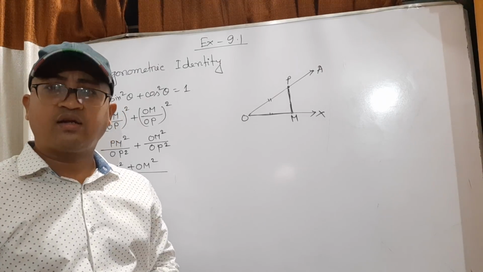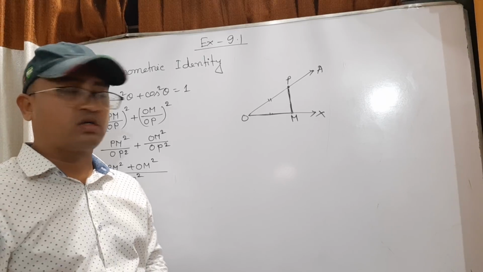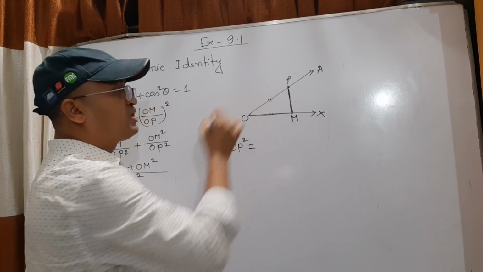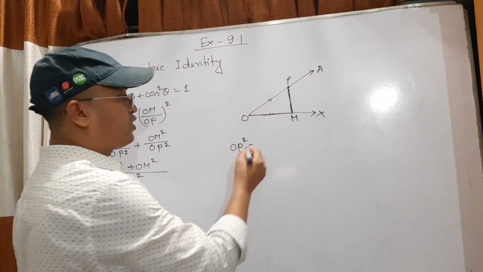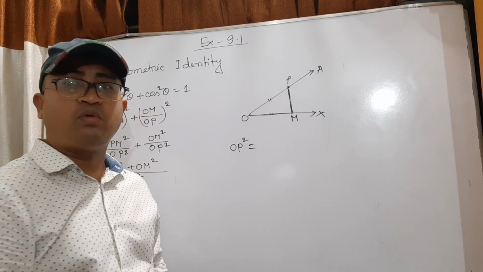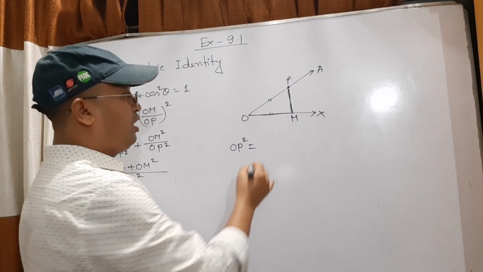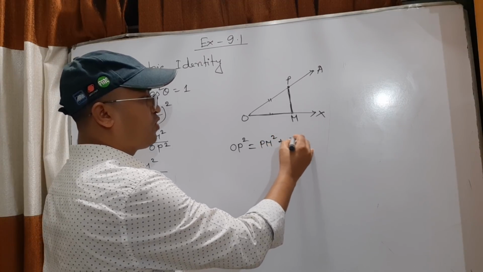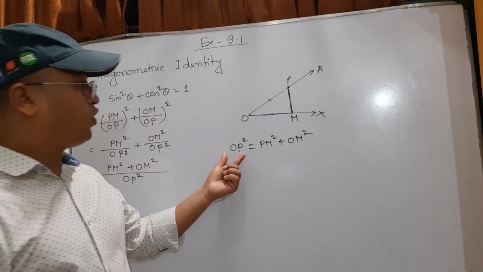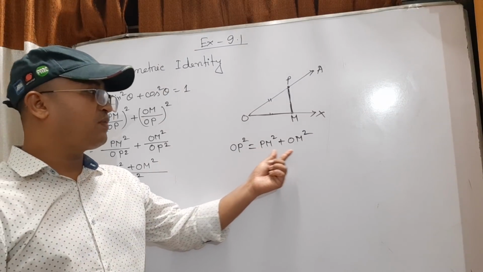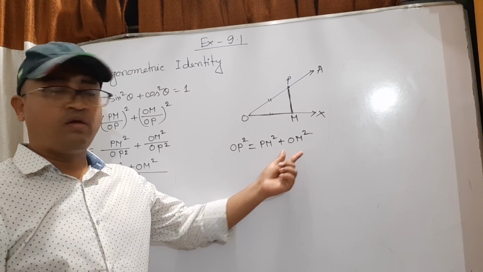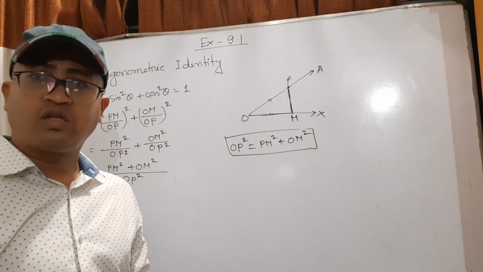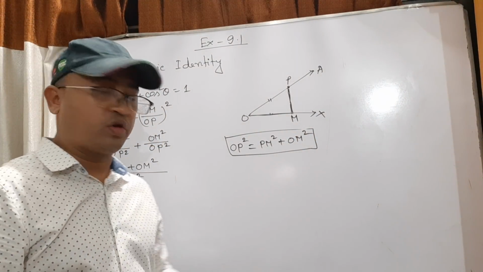In this right angle triangle, we can apply the Pythagoras theorem: hypotenuse square, hypotenuse means OP, is equal to the sum of the squares of the other two sides. The other two sides are PM and OM. So OP square equals PM square plus OM square. We get this equation by Pythagoras theorem.